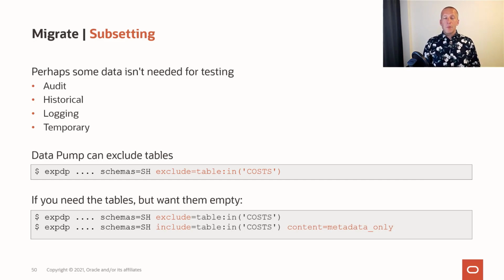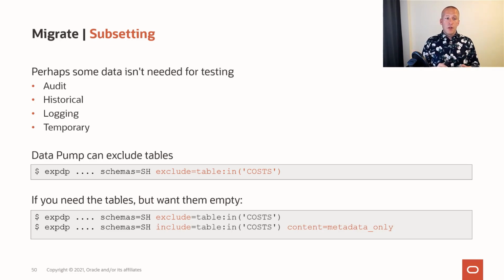The problem with that approach is that when you then do the import, for instance, in this example, the costs table will be completely missing. If you try to connect an application to that database, it'll probably error out and say, whoa, I cannot continue here, a table is missing.